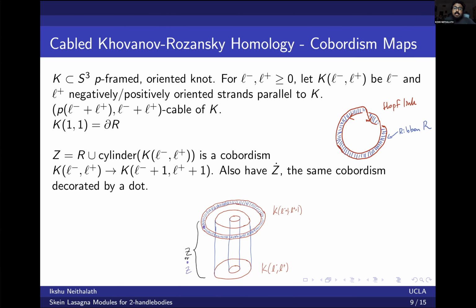Everything can be done for general N as well, but for example, for general N, I would need to consider having up to N minus 1 dots on this cobordism. So, just to keep things easy. Okay, so we're going to use this cobordism in defining the cabled homology.